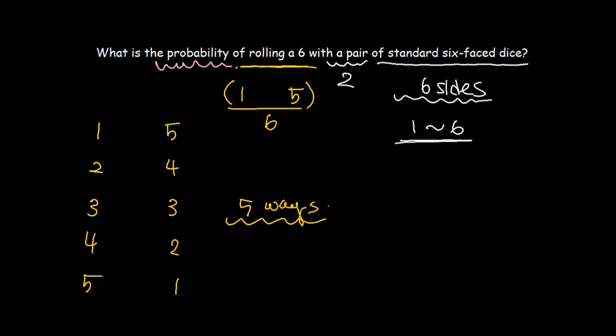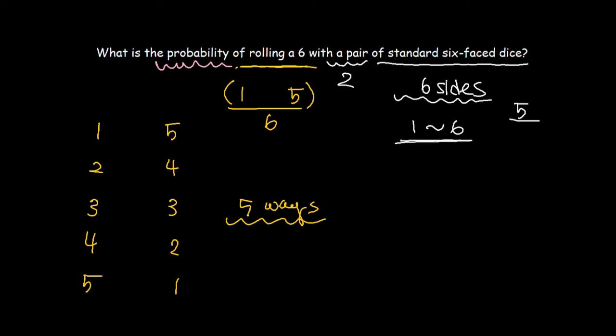So now we know the favorable outcomes. In our answer, which will be a fraction in this case, we already know what the top number is going to be when it's not simplified, which is 5. At the bottom should be how many total possible outcomes there are. How can you find that?